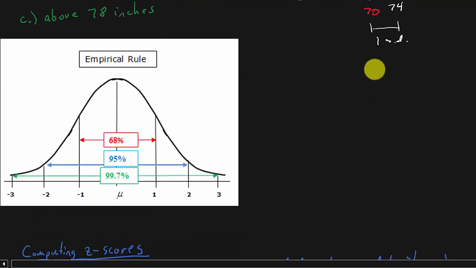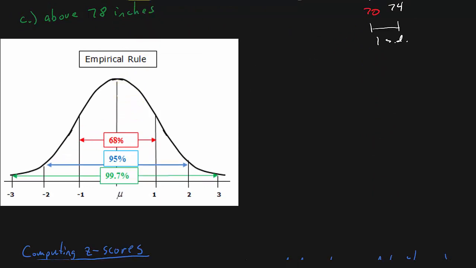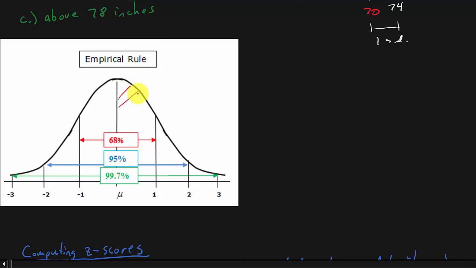So if you look at this, what we're looking at here is just this, right? Well, remember, this curve is symmetrical about the mean. Okay, it's symmetrical about the mean.